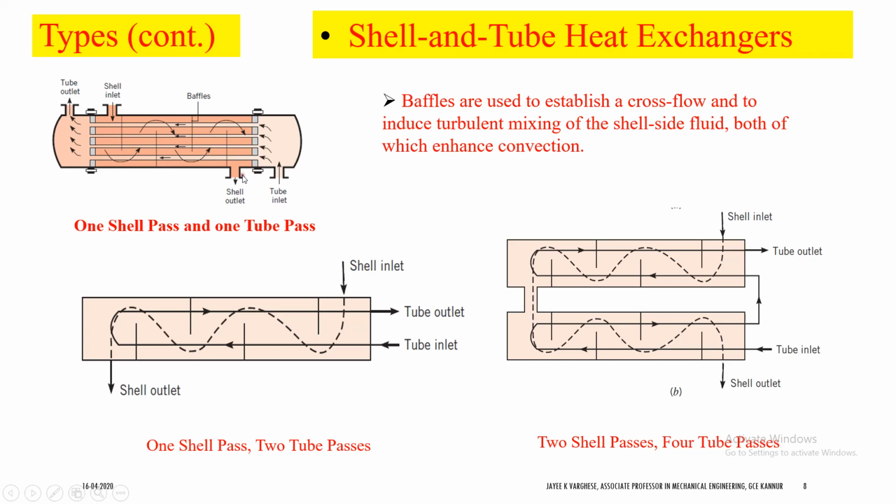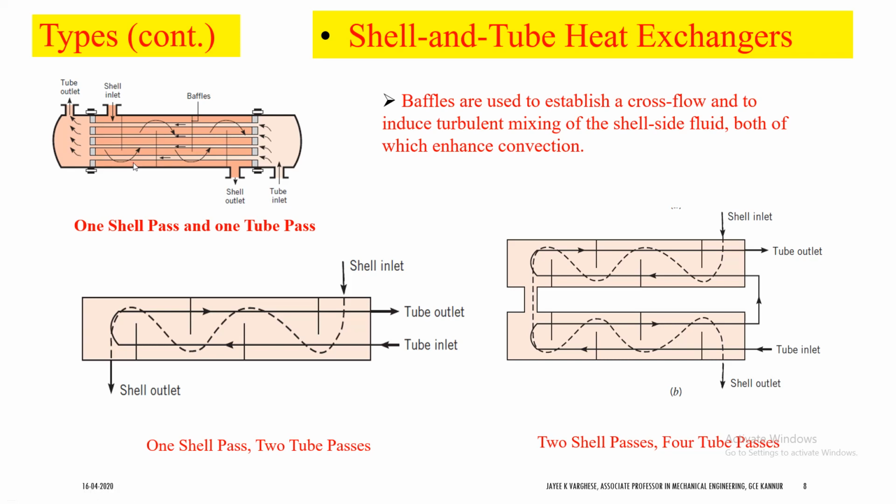So in a shell and tube heat exchanger, one fluid will be flowing through the shell but outside the tubes. Another fluid will be flowing through the tubes inside the shell. So such a heat exchanger is called a shell and tube heat exchanger.